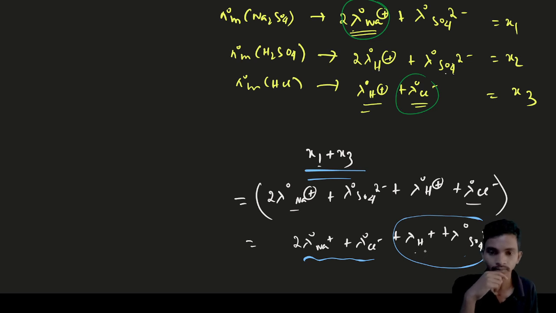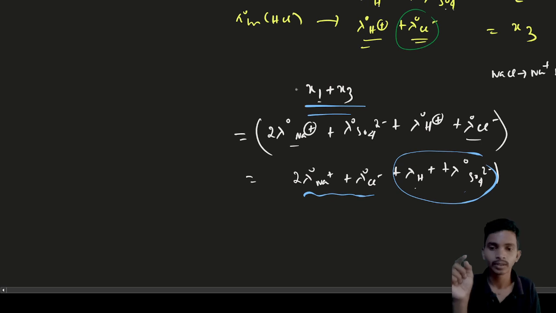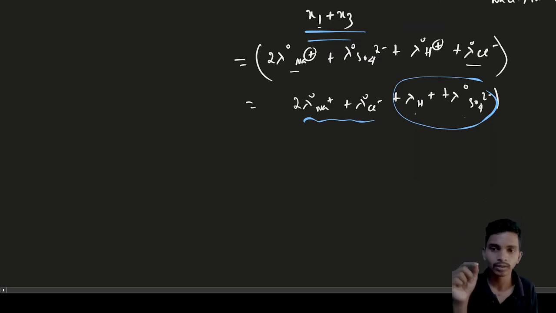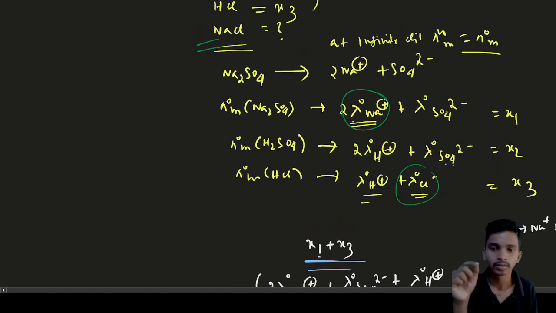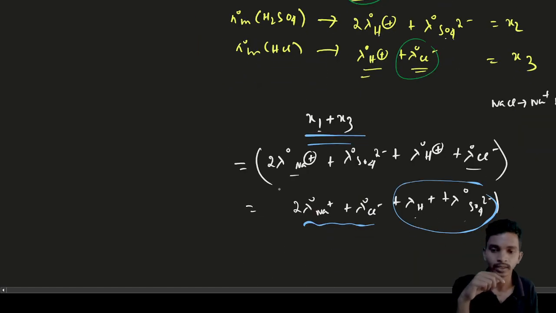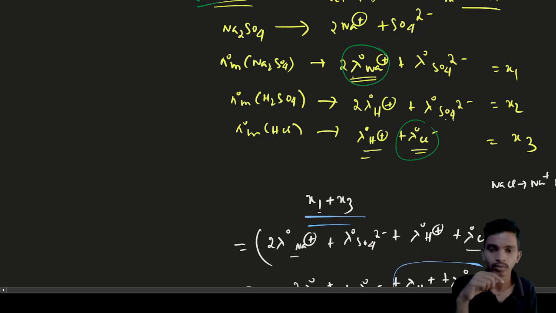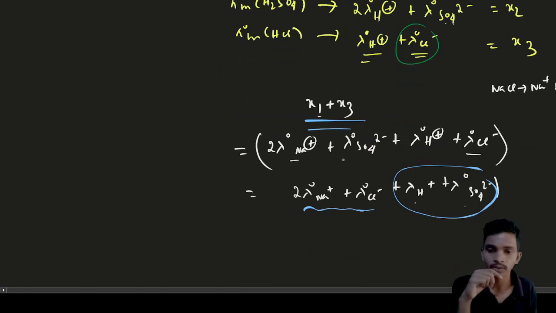Okay, but here 2Na plus is there, but I need only one Na plus for NaCl. This is Na plus and Cl minus. I need only one Na plus. So what I have to do is divide it. I need only one Na, but here 2Na plus is there. So if I divide this one by 2, then here also I have to divide by 2.